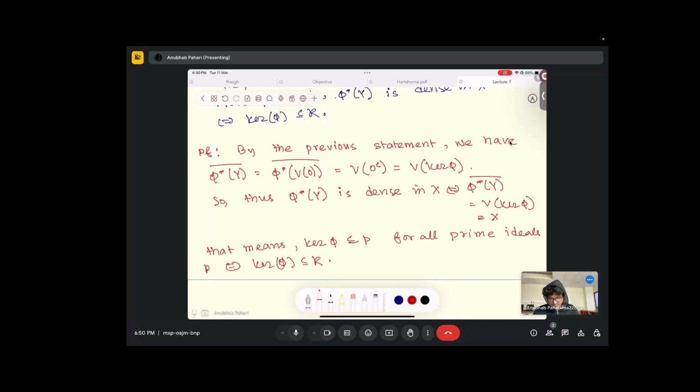So we are done. Now if phi is injective, then we know that this ker phi should be 0, right? So then your 0 should be in the nil radical, because 0 is itself a nilpotent element. So we are done.